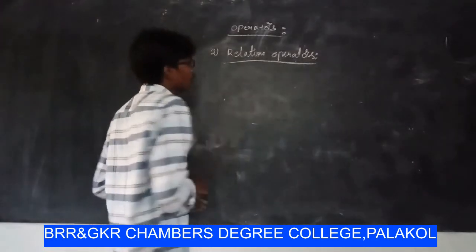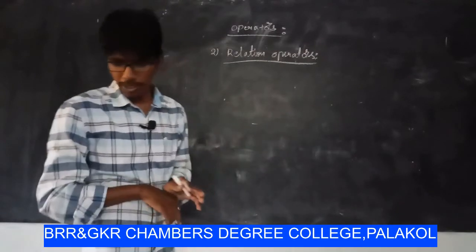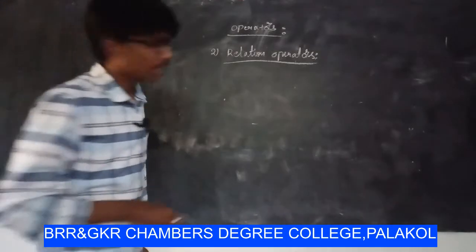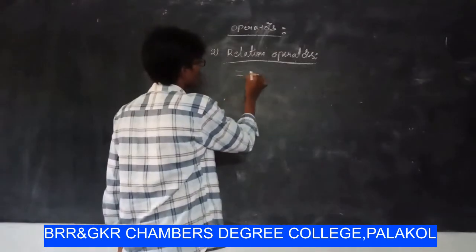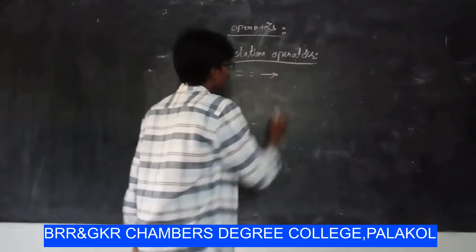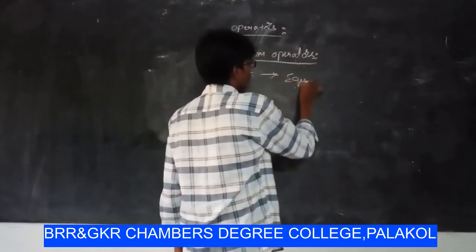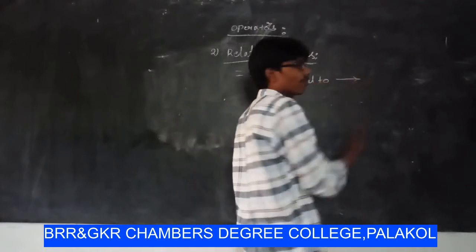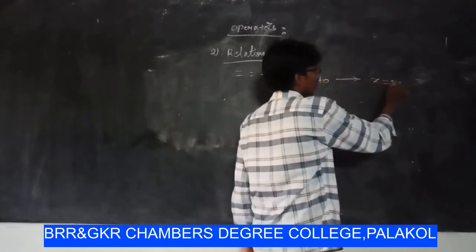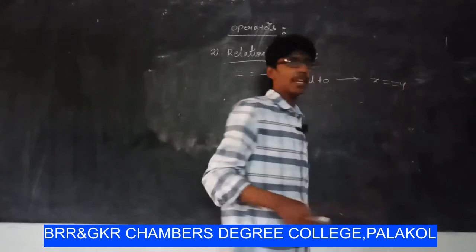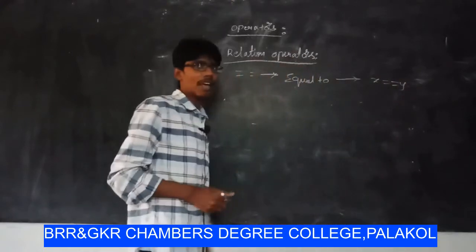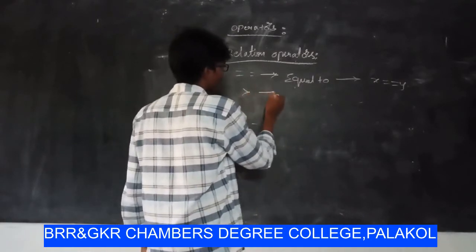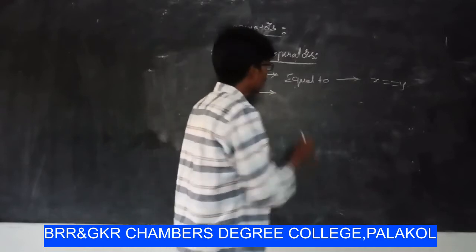The first one is double equal to, which means equal to, not the same as a single equal to. If you write double equal to, it means these two variables' values are equal.